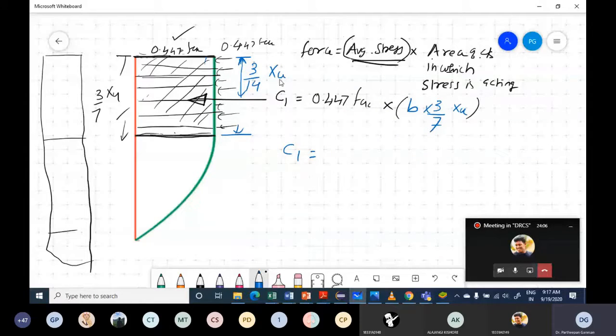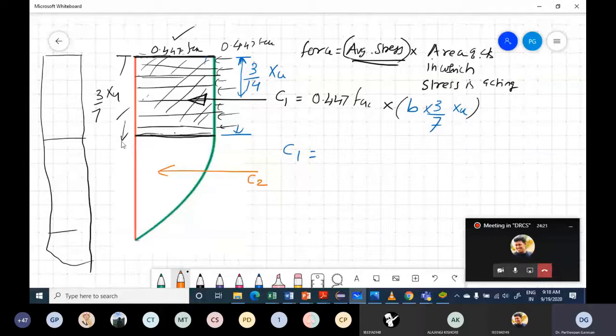Okay. Now let us say this is your C2 here, the total compressive force due to this parabolic stress distribution. Now this is 4 by 7 XU, and this value is 0.447 FCK. Is that clear?